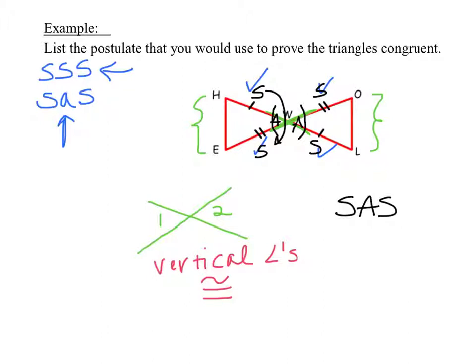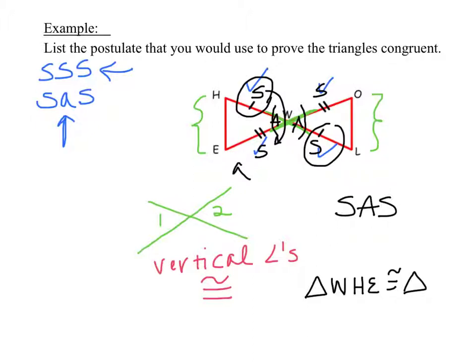I may need to also write a congruent statement telling which sides corresponded to which sides. So in this case, let's start with the left-hand side triangle. If I start with the W, triangle WHE needs to be congruent to triangle what? Well, we have to match up the pieces that were congruent. Notice that this side, WH, is congruent to WL.